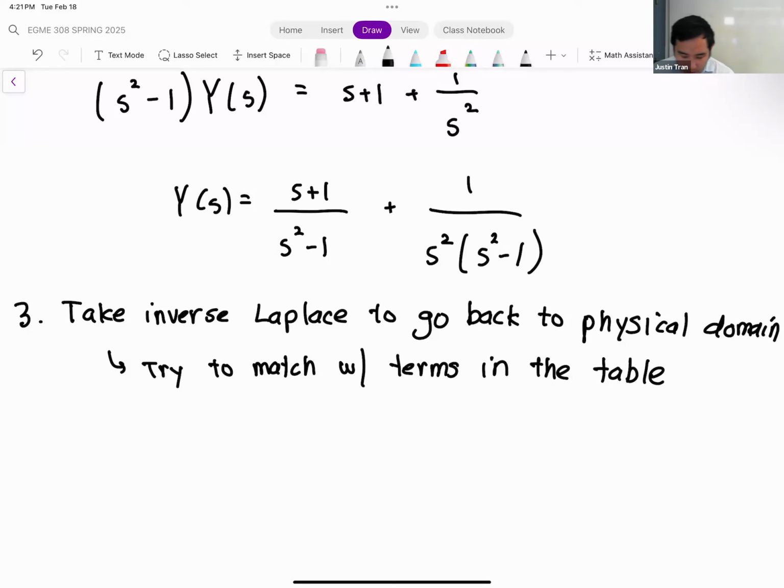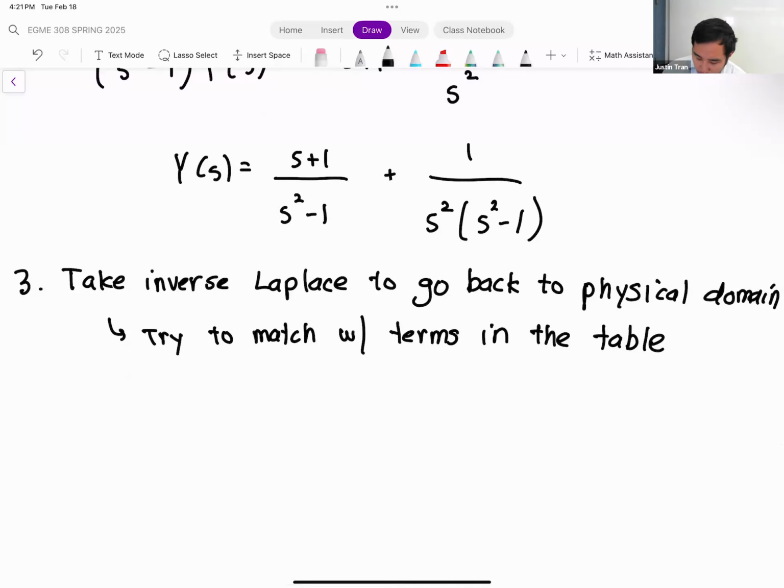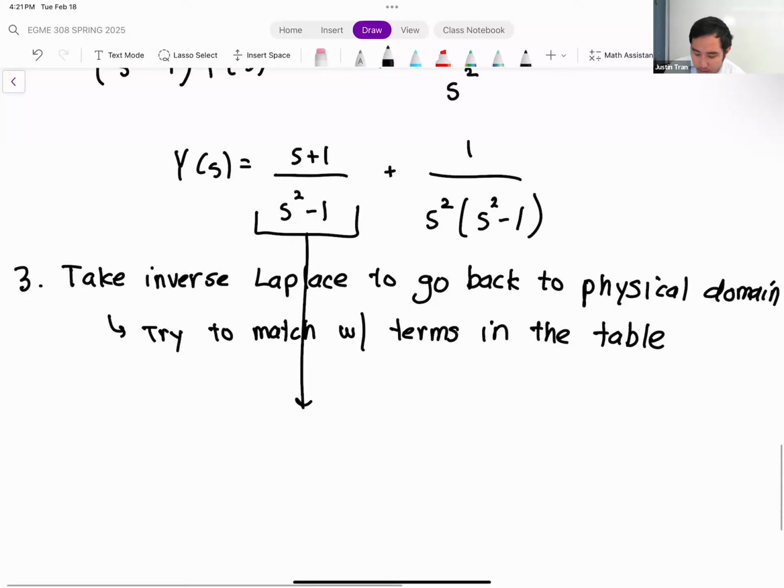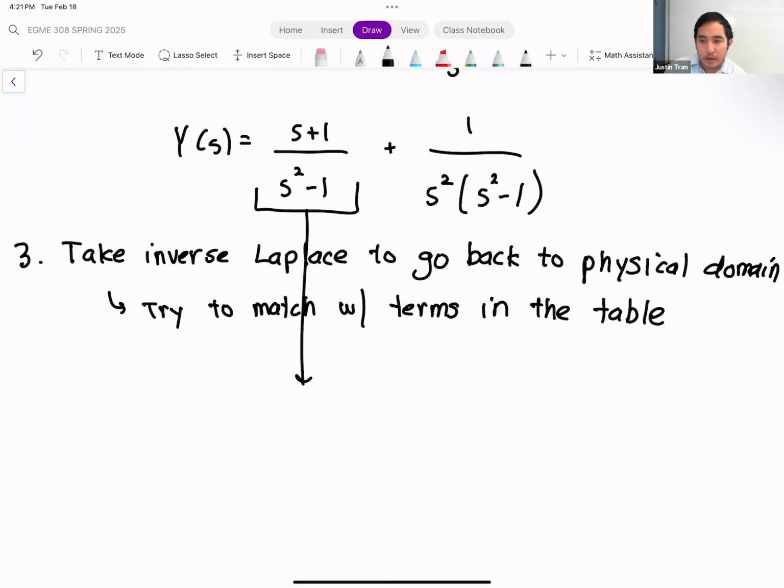For this first term, I'm going to do something a little clever. I'm going to take advantage of the fact that the denominator is s squared minus 1. Whenever you have s squared minus another square, you can break that up into s plus 1 times s minus 1.